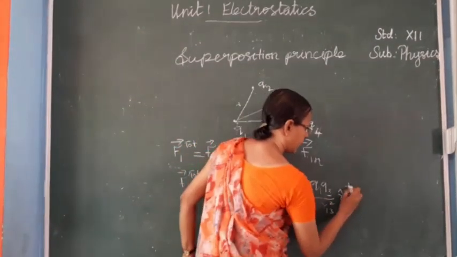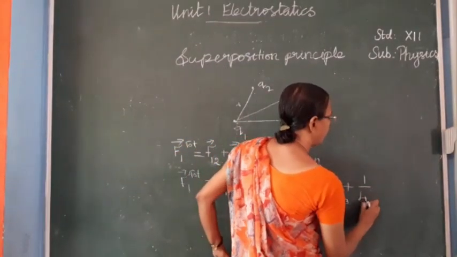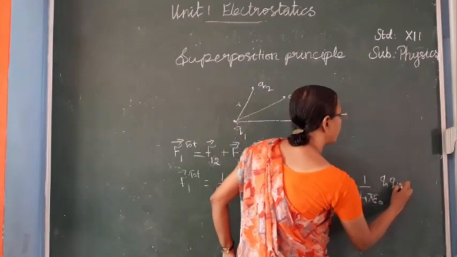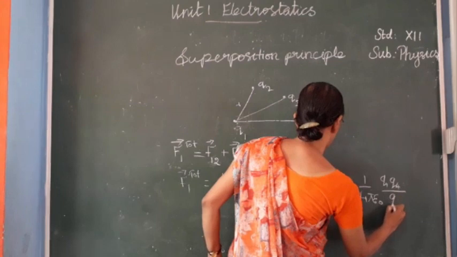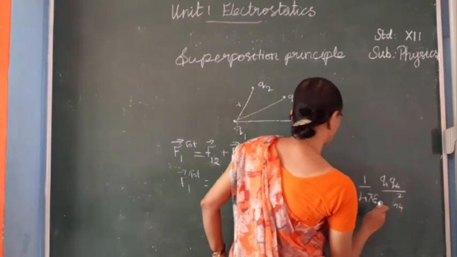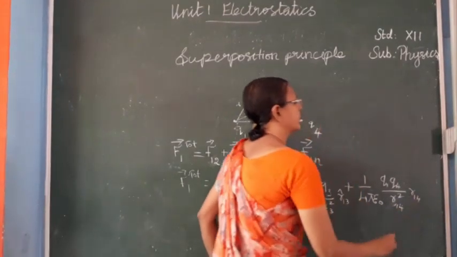Next, because of point charge Q4, 1 by 4 pi epsilon 0 Q1 Q4 divided by R14 square, R14 cap.